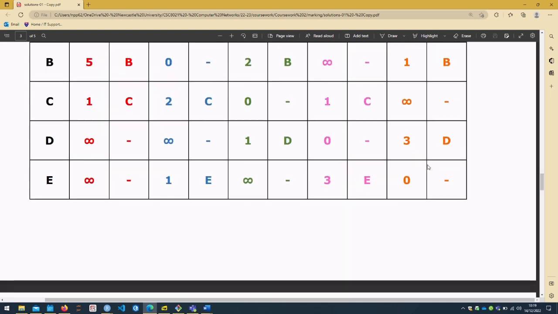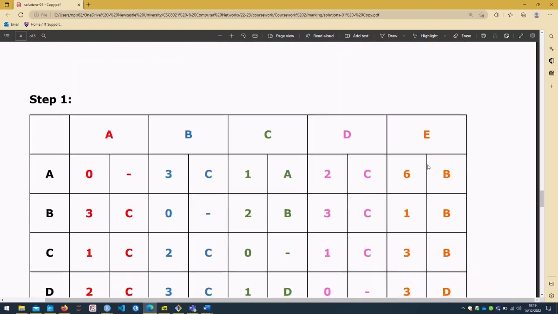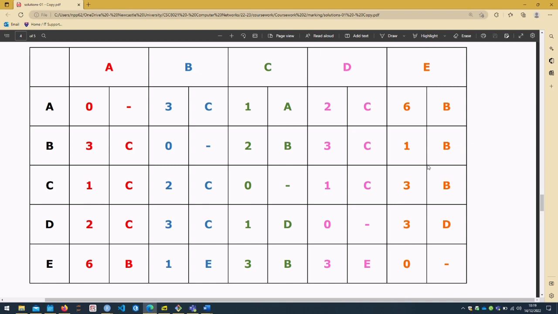So second iteration, what do we do? We go 2 hops. Yes? So A and C stay unchanged, but now we can see D and E. So you can see D via C, total cost of 2, and you can see E via B with a total cost of 6.